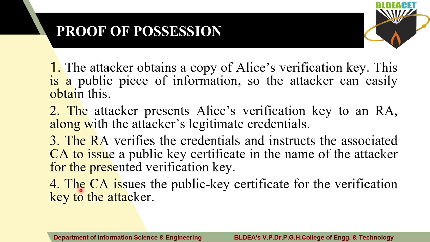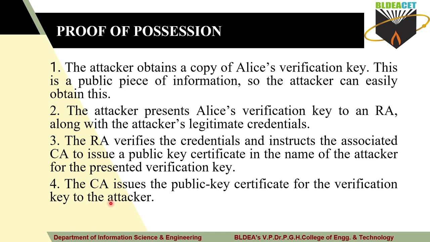Then what happens here? The CA will issue the public key certificate for the verification key to the attacker because all the credentials are proved here. So due to that reason, the attacker will get the public key certificate. Now nowhere is security provided here, because this attacker is not a genuine user.